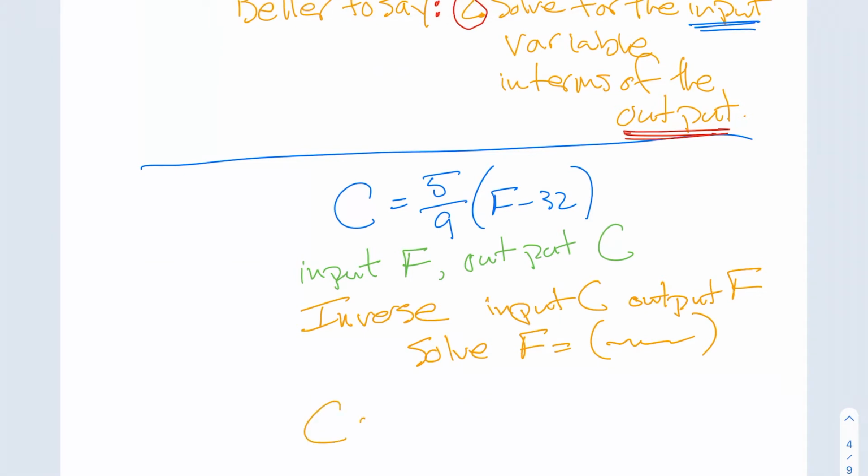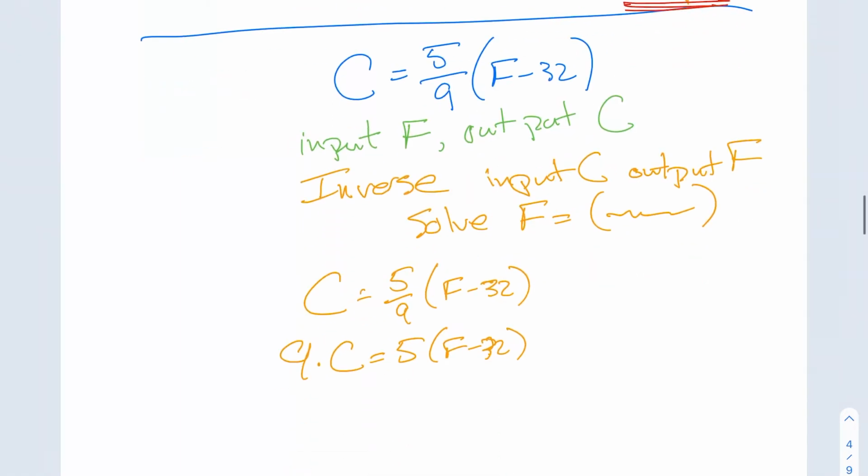So how do I do that? Well, the first thing I would do, if I start with C = 5/9 (F - 32), I would multiply by 9, then I would divide by 5.